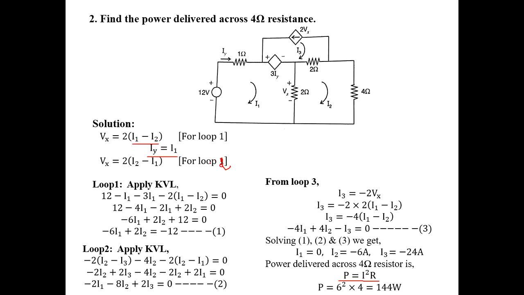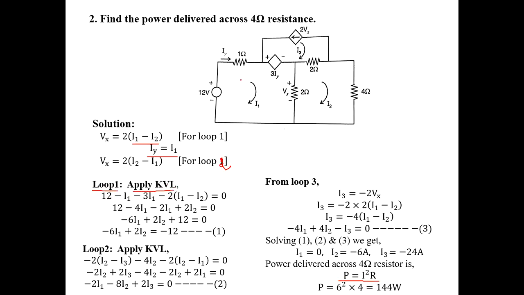Next, we have to write the equation for each individual loop, because this is the super mesh method, as this circuit is having voltage and current sources. Consider loop 1, apply KVL. In this loop 1 alone, we apply KVL.